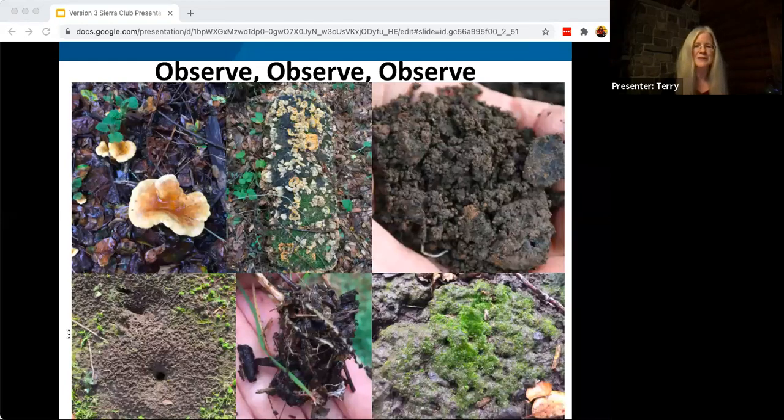We didn't have much this year, but we had a little bit. So up in the far left-hand corner, you'll see some mushrooms popping up. And those mushrooms are saprophytic mushrooms. Saprophytic mushrooms are decomposers. They break down all the woody material, and they are fantastic.